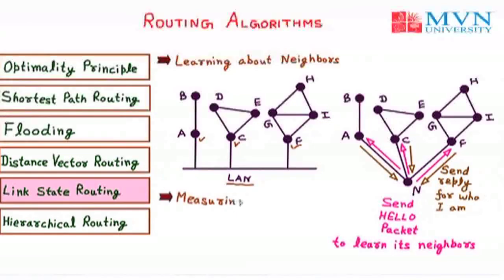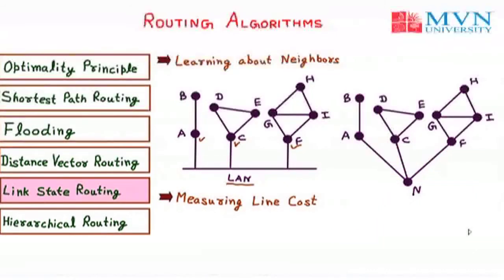Now the next step is measuring line cost. The link state routing algorithm requires each router to have a reasonable estimate of the delay to each of its neighbors. To determine the delay, it sends over the line a special echo packet that the other side is required to send back immediately.